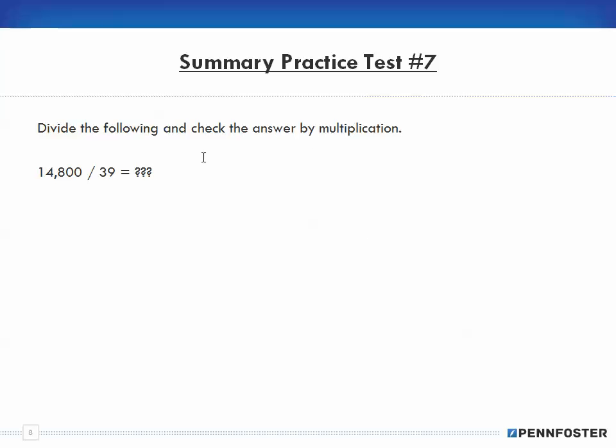All right, practice test number 7. Divide the following and check the answer by multiplication. So 14,800 divided by 39. 39 can't go into 14. 39 into 148.